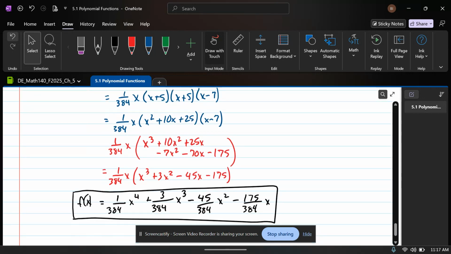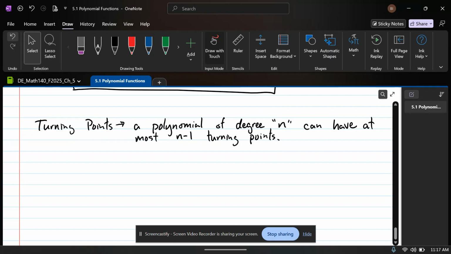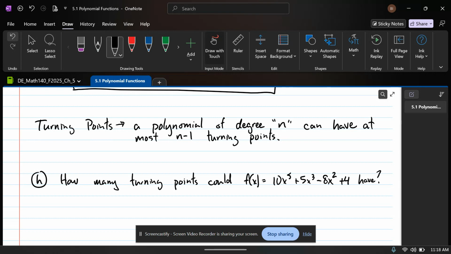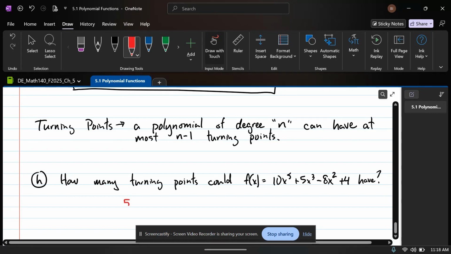Okay, so let's look at an example. Example H. How many turning points could f of x equals 10x to the 5th plus 5x cubed minus 8x squared plus 4 have? 5 minus 1 equals 4.